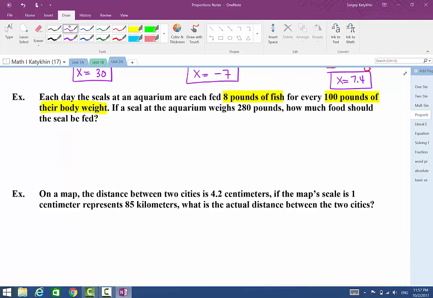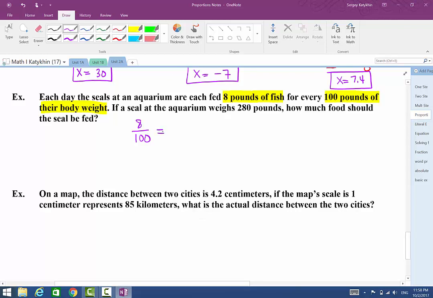So I can write that ratio: they get 8 pounds of fish for every 100 pounds of body weight. This is a comparison of how much fish they get for how big the seals are. That's the ratio, the comparison of the two numbers: 8 pounds per every 100 pounds of body weight.